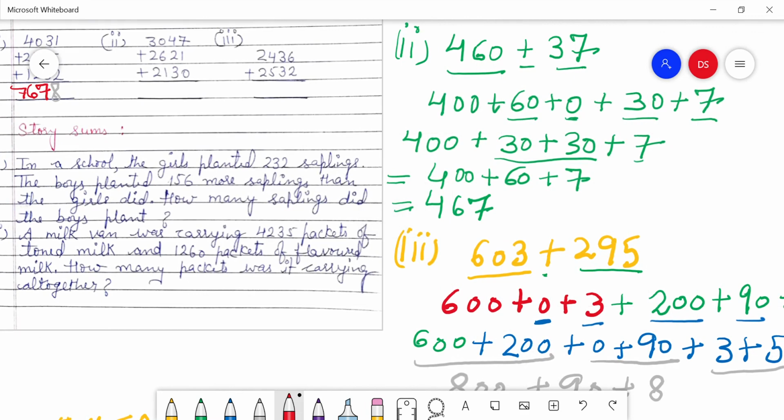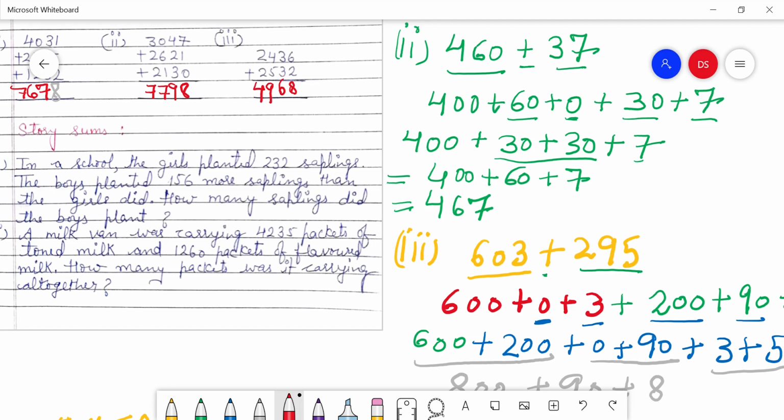Here it is 8. 4 plus 2 is 6, 3 is 9. 6 and 1 is 7. 3 plus 2 is 5, 5 and 2 is 7. Next sum, 6 plus 2 is 8. 3 plus 3 is 6. 4 plus 5 is 9. 2 plus 2 is 4.